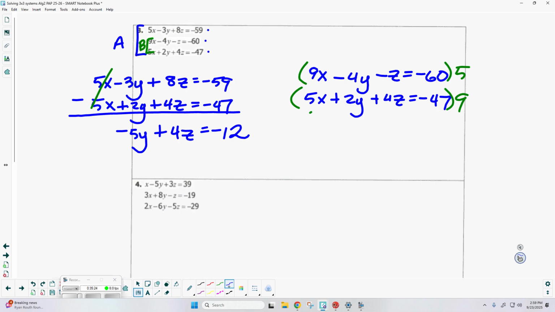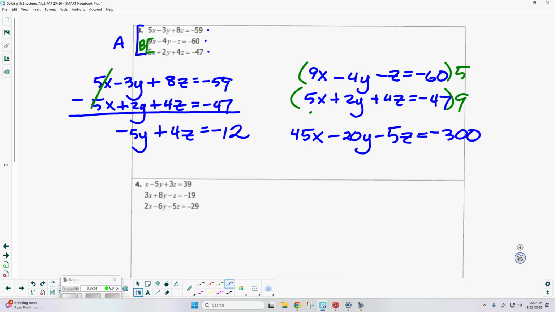Okie dokie. Let's see here. That's going to give me 45x, then minus 20y minus 5z. Now I need a negative 60 times 5, negative 300.